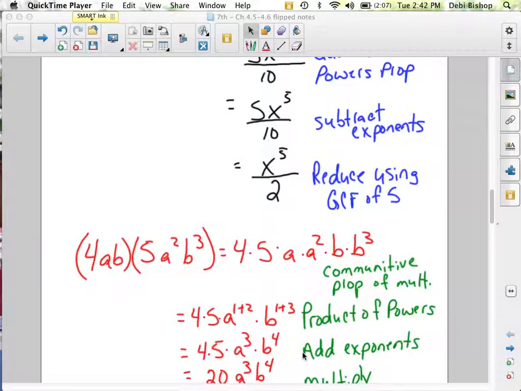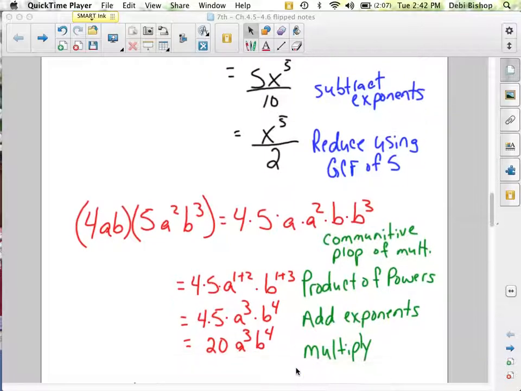Here's a little more complex version, but the same properties are used. 4ab times 5a squared b cubed. Again, everything is multiplied together here because everything is next to each other. So I can rearrange it with the commutative property: 4 times 5 times a times a squared times b times b cubed.